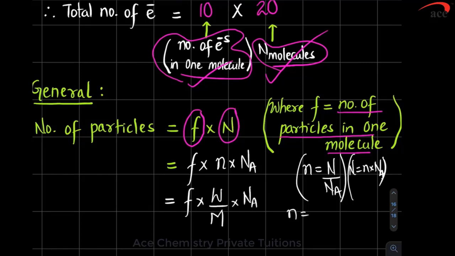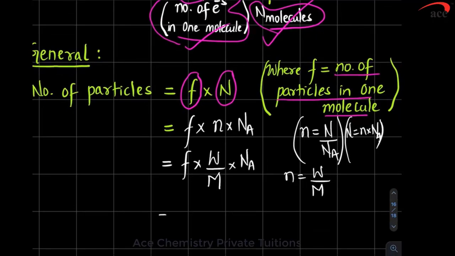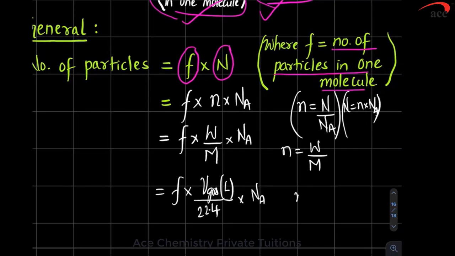That is a formula for number of moles. Mass upon molar mass. Or you can write down F, volume of a gas in liter at STP divided by 22.4, multiplied by Na. You remember number of moles is given by the formula volume of gas in liter divided by 22.4. From that we got the formula.